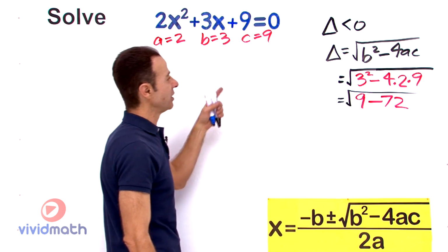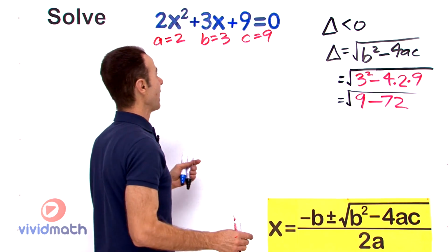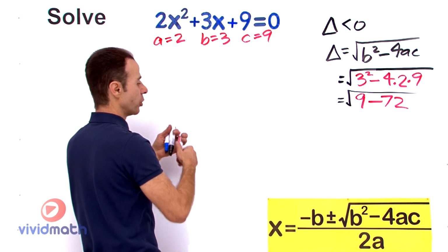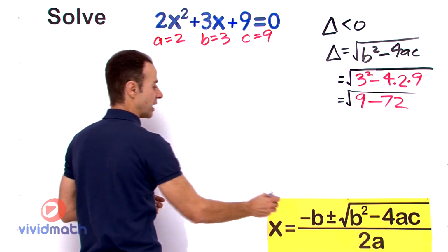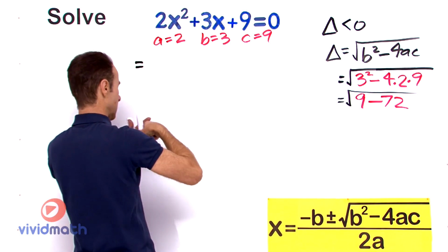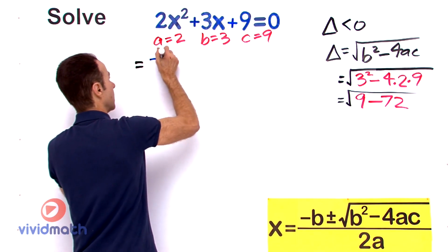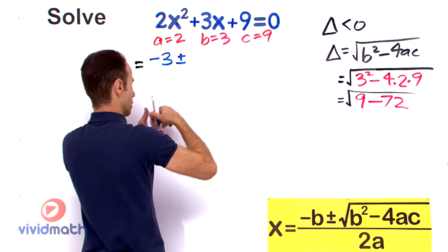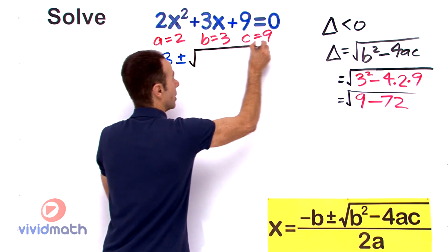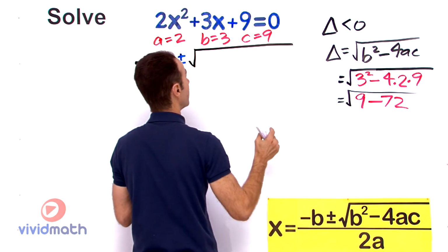We'll finalize the details in a moment, but for now, let's see how we can work this out by putting it straight into the quadratic formula. So with the quadratic formula, it's going to equal negative b. Well, there's our b. It's going to be negative 3 plus or minus the square root of b squared. We did it before. There's our b.